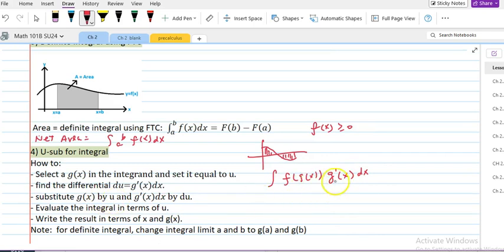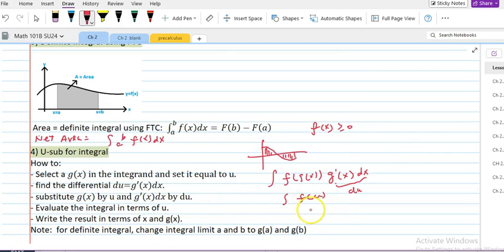Replace the inside by u and replace g prime of x dx by du. Hopefully this will be a simpler integral that you can use the integral formula for. So basically you need to do a substitution.